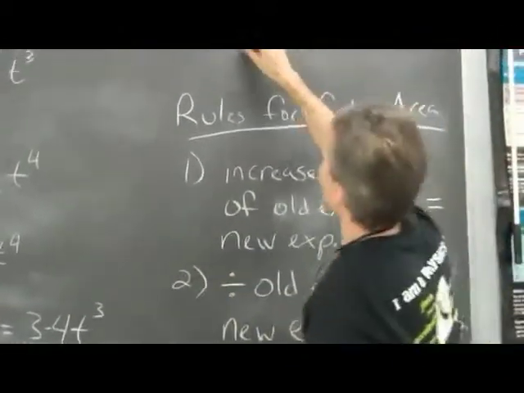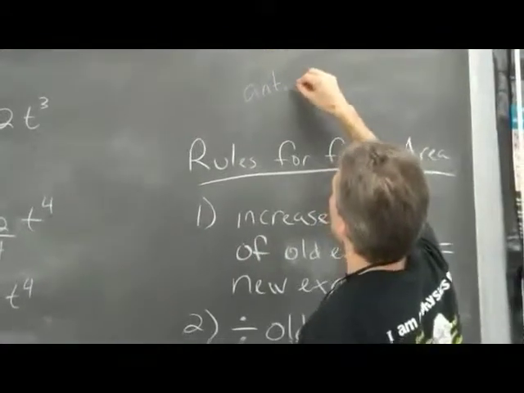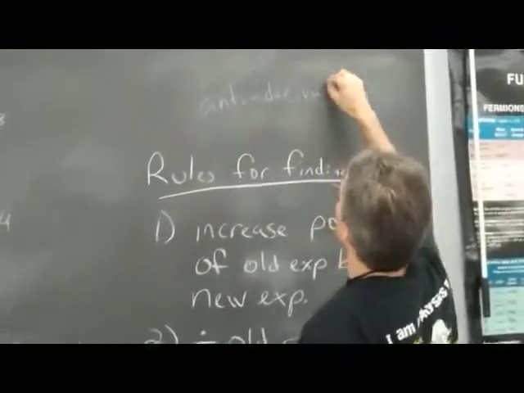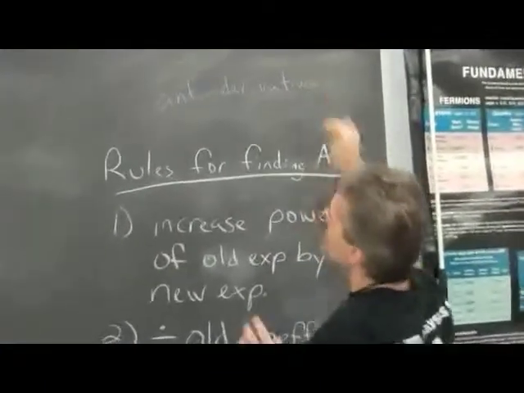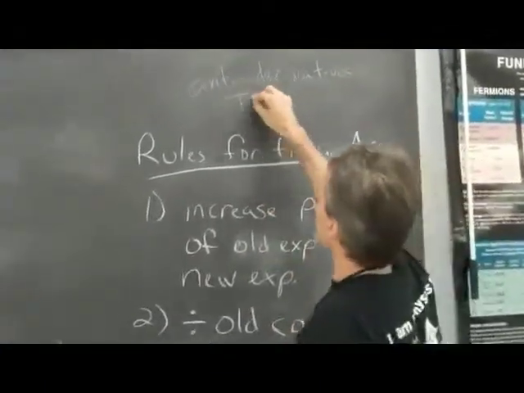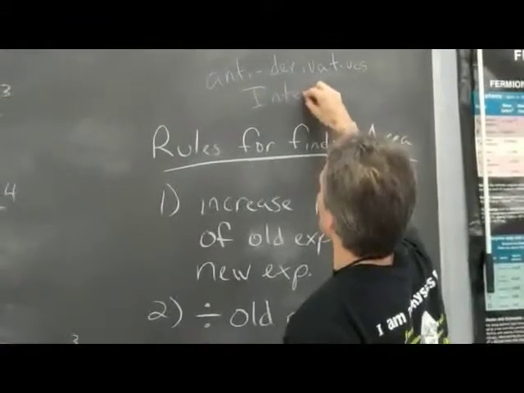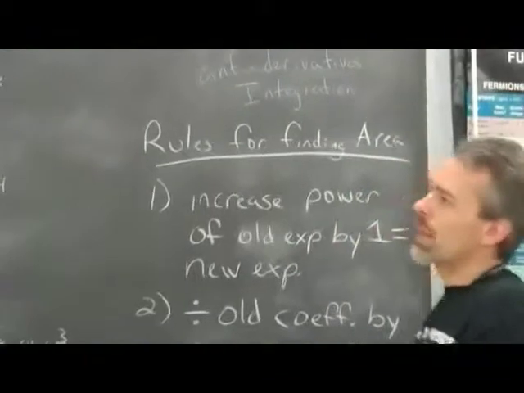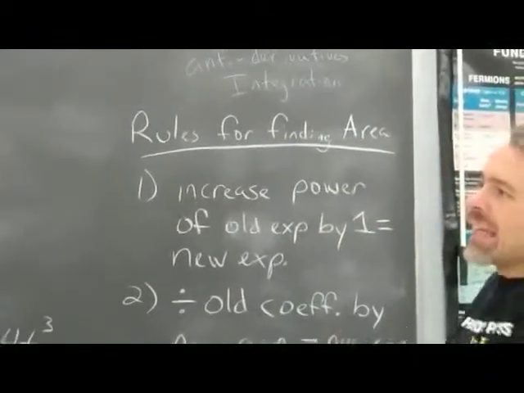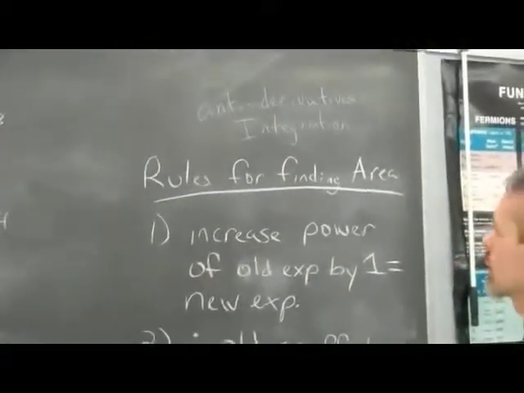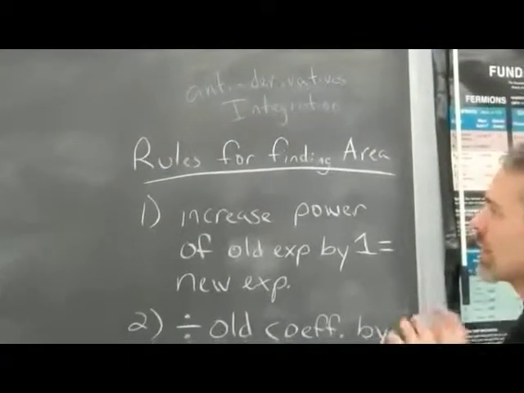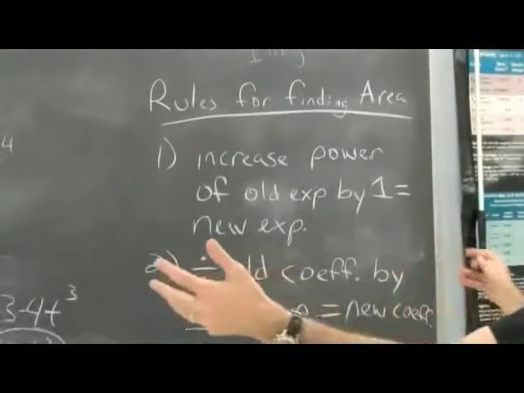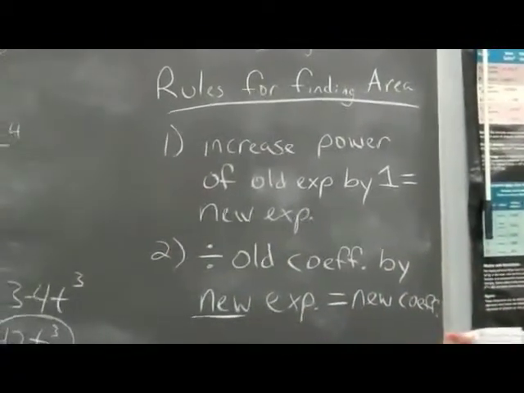So sometimes it's called antiderivatives. Not very original. And sometimes it's called integration. Integration means adding up all those little pieces of area. So these are the two sets of rules that we need to be able to do. We have to have them memorized to do what we want to do.